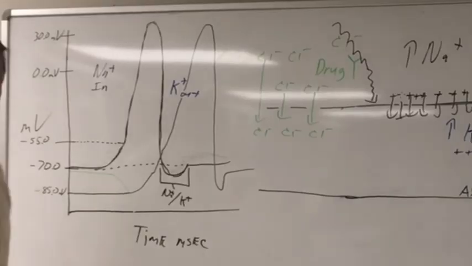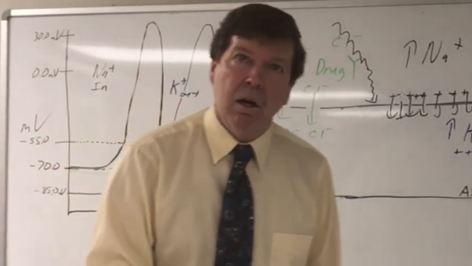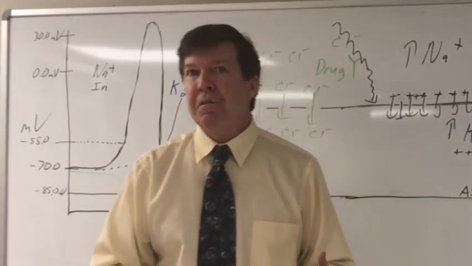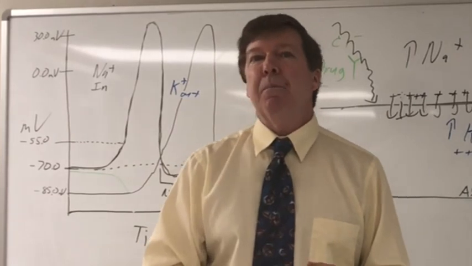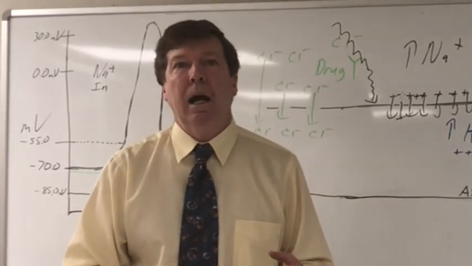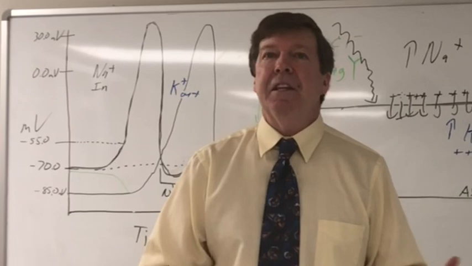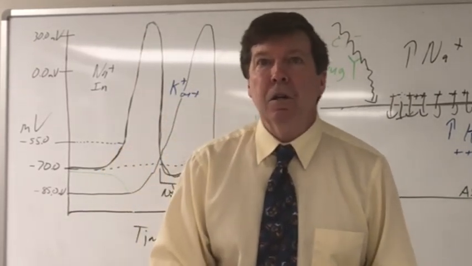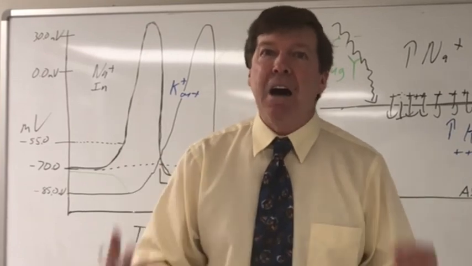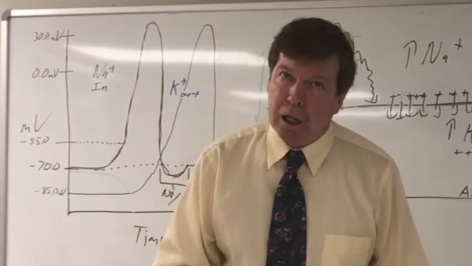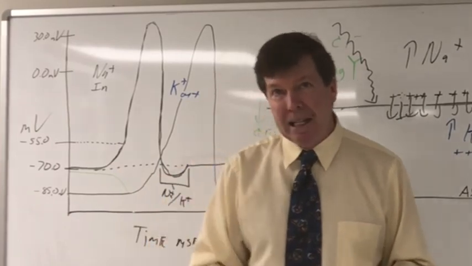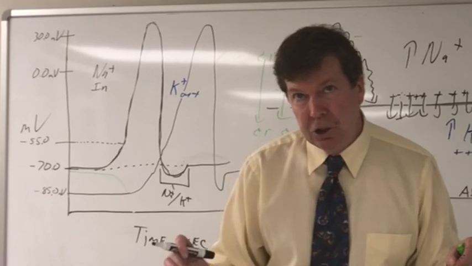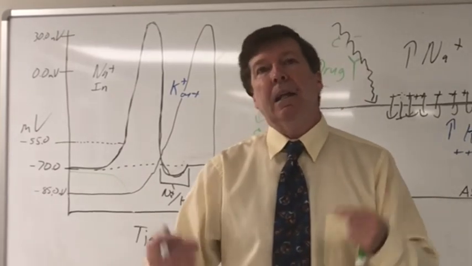If we inhibit that, what is that going to do to the ability of that nerve to fire? Well, this would be a typical mechanism for a pharmaceutical drug that would be used at the dentist. We're going to inhibit the sodium-potassium pump, so the nerve simply cannot fire if it doesn't have the proper concentrations of sodium and potassium. So we're kind of getting into a little bit of pharmacology here, which is interesting and important.